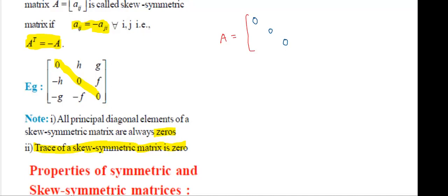That means here 1, here 1, 4, and this is 3. Here -1, -4, -3. This is a skew symmetric matrix. Students, have you understood how I am writing the example?